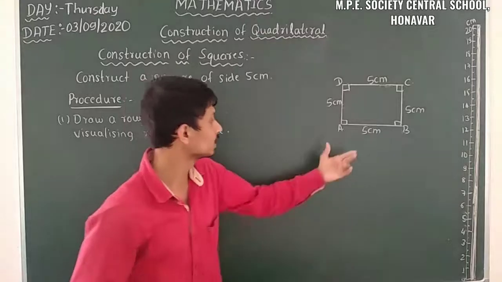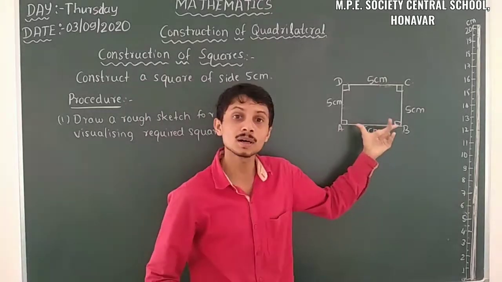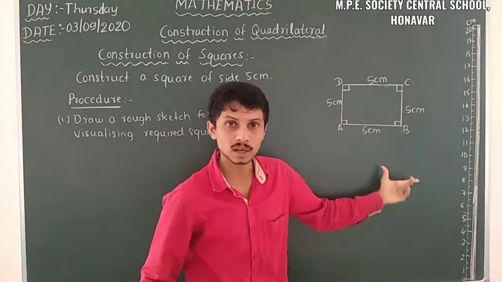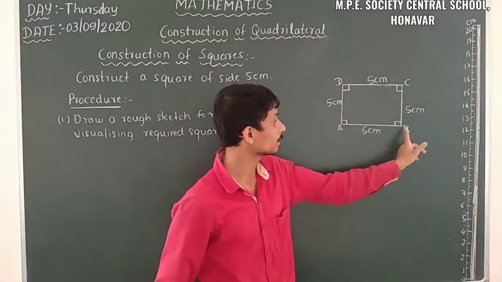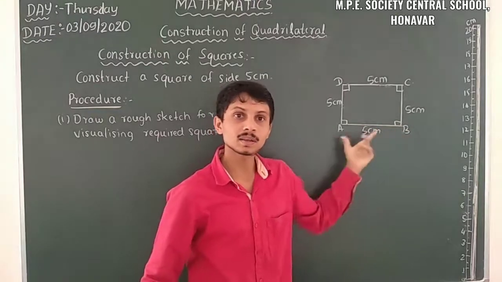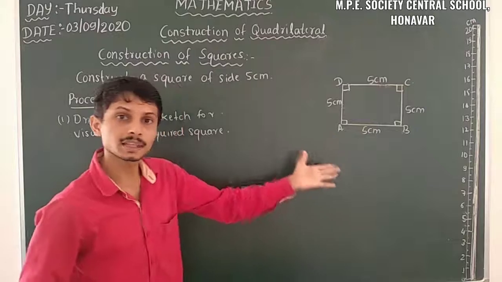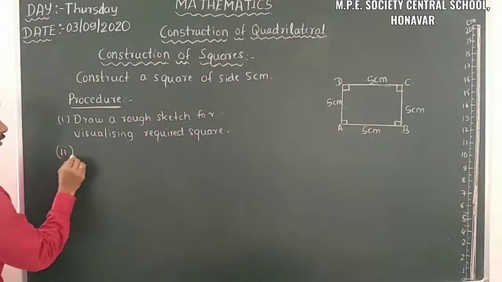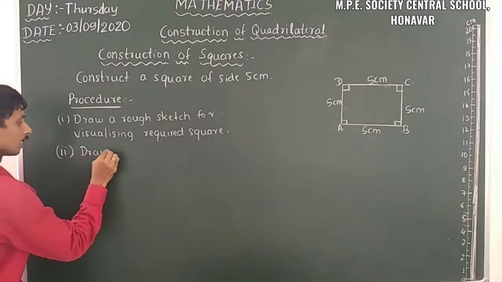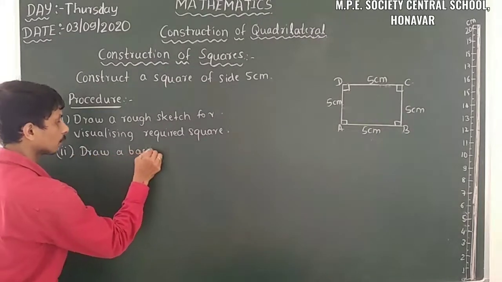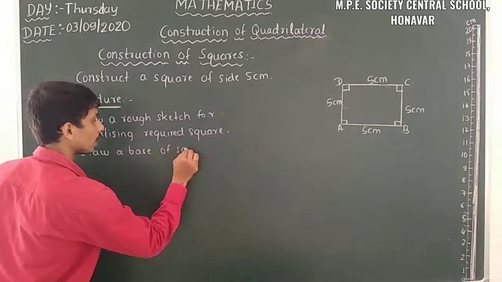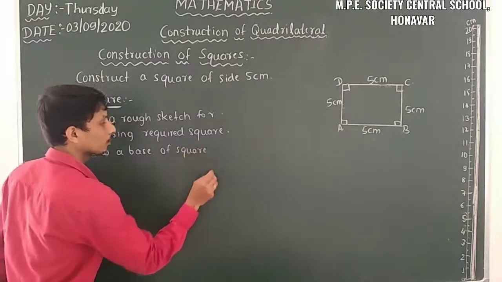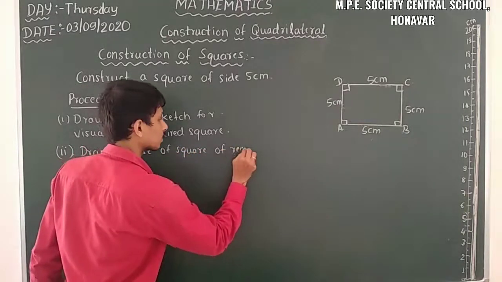Firstly we have to draw the base of the square. Here the base is AB. Draw a base of the square of required length.